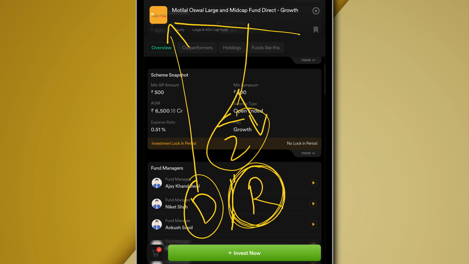Dhan is allowing us to buy direct funds, which, believe me, a lot of other financial advisors or even financial institutions do not offer. This means that the cost at which we get this fund is lesser, the expense ratio is lesser.